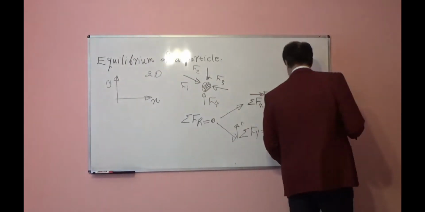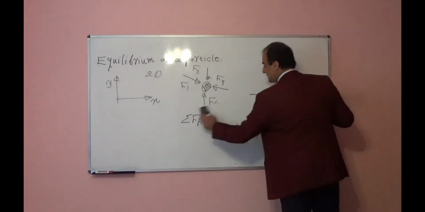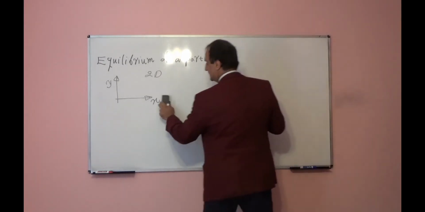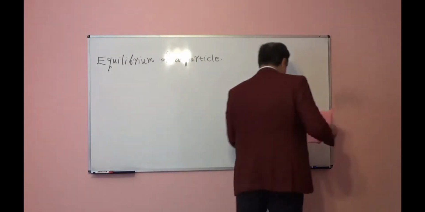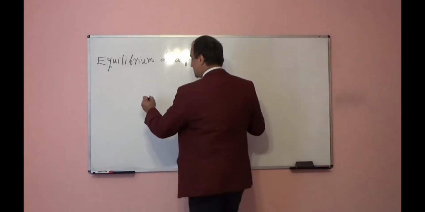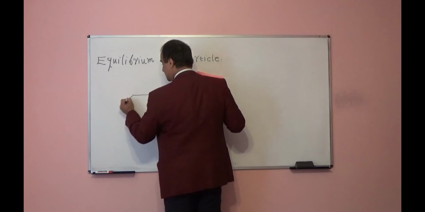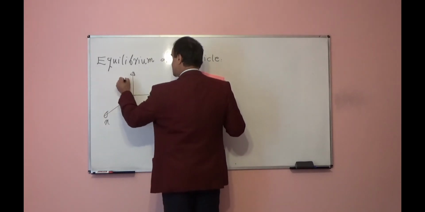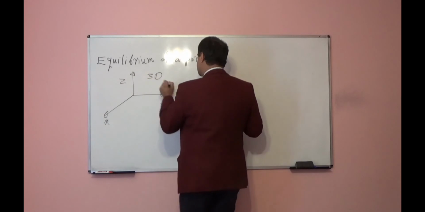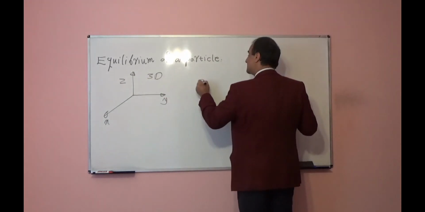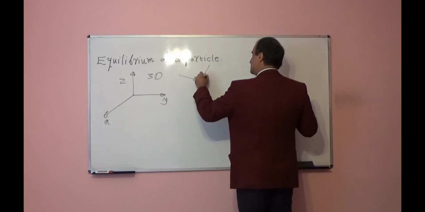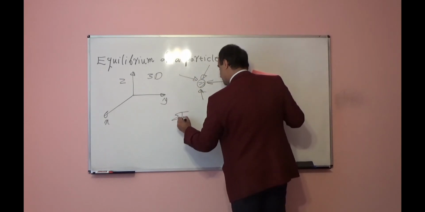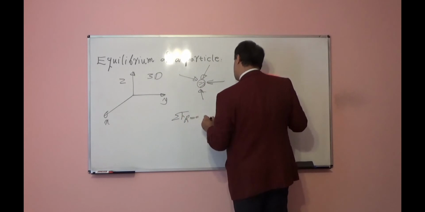In 3D space, because we have 3 dimensions, the summation of forces equals 0. It means the summation of forces in the x direction equals 0, the summation of forces in the y direction equals 0, and the summation of forces in the z direction equals 0. So again, if we have a particle and several forces act on this particle, the summation of forces, or resultant force, is equal to 0.